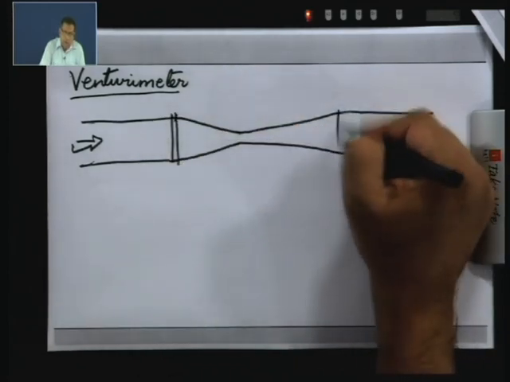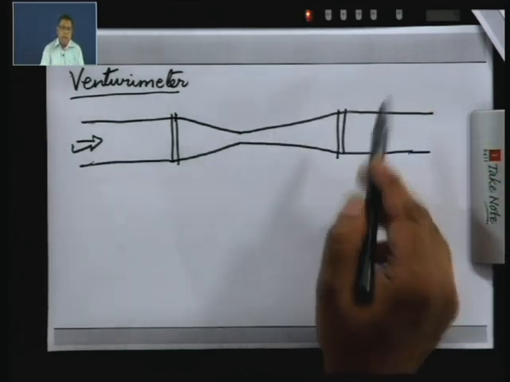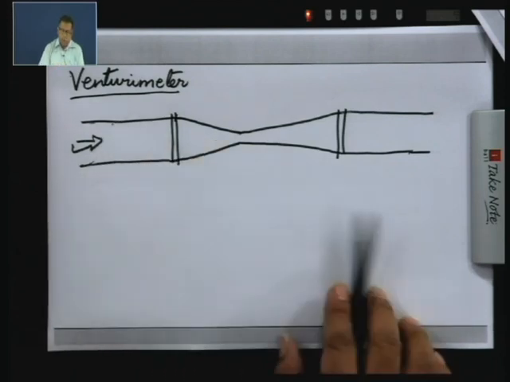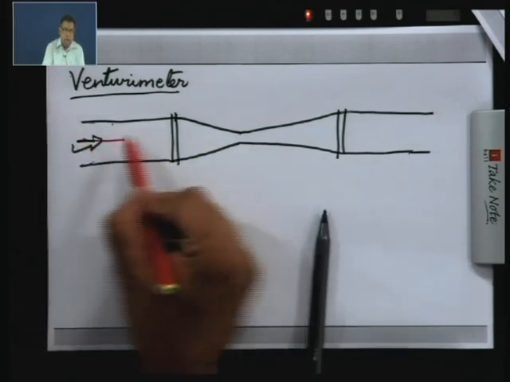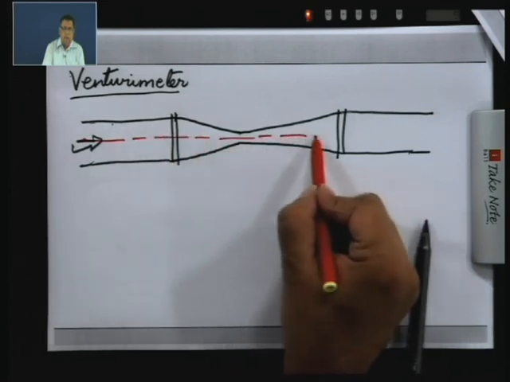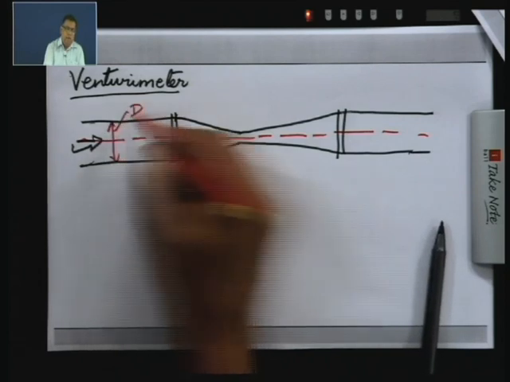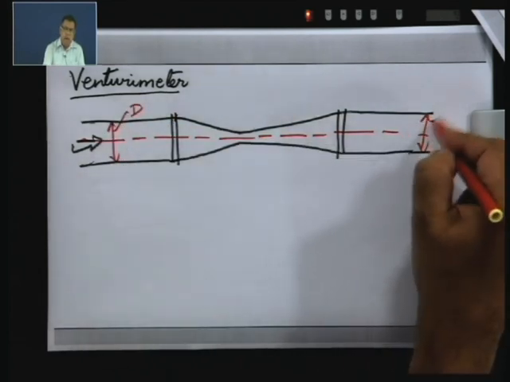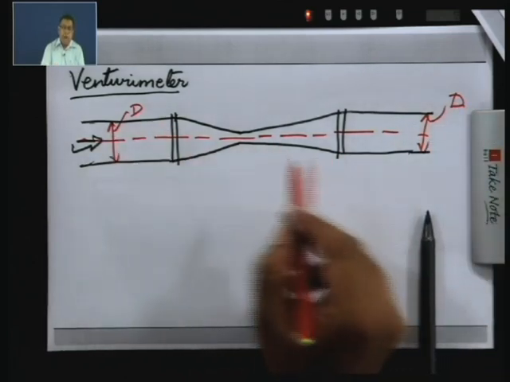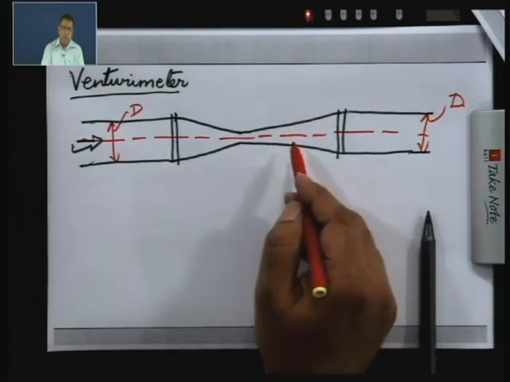So, you can say that this device is the venturimeter, and you had this diameter here. If it is a pipe, then I will have to show the center line. This diameter, if it is d, then this diameter will also be d. So, this was your original pipeline, and what you have done is inserted this converging diverging duct, which is called the venturimeter.